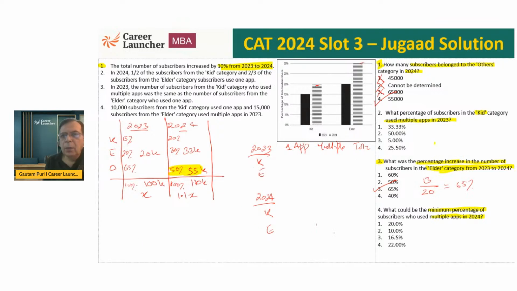Question number 2 says percentage of subscribers in kids category who use multiple apps in 23. So I need the total number of kids in 23 and the number of kids who use multiple apps in 23. Question number 4, what could be the minimum percentage of subscribers who use multiple apps in 24?